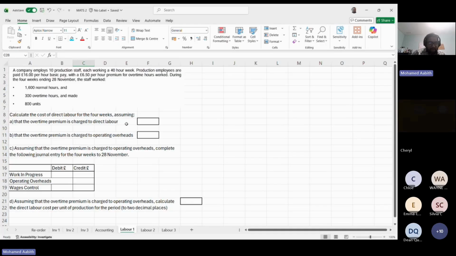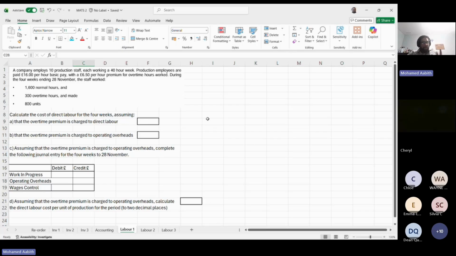So what we have to remember is that they assume the overtime premium is charged to direct labor. What if the overtime premium were charged to operating overheads? They're asking here for the direct labor cost. In this scenario, each and every hour they get £16 an hour, and the premium of £6.50 per hour is tacked on to any additional hours they do.